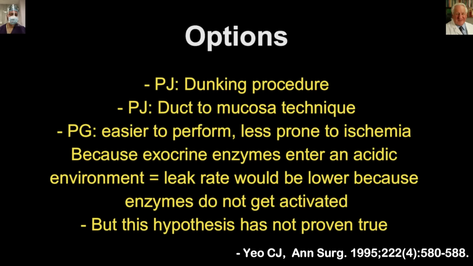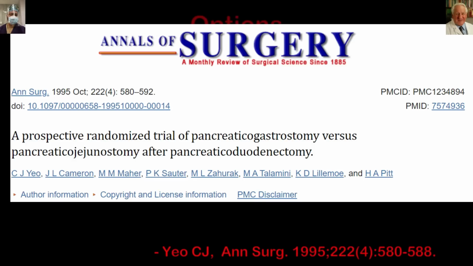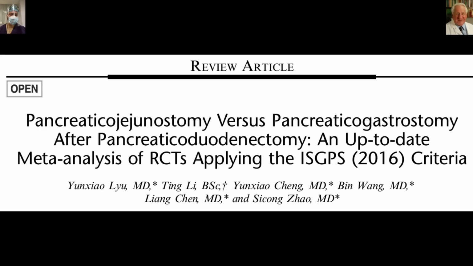The options available to us are PJ dunking, PJ duct-to-mucosa, and PG, which is easier to perform and less prone to ischemia. This paper I discussed during the pancreaticogastrostomy video; it was a prospective randomized trial of PG versus PJ. You can also go through this meta-analysis that has pooled all the data on PG versus PJ.